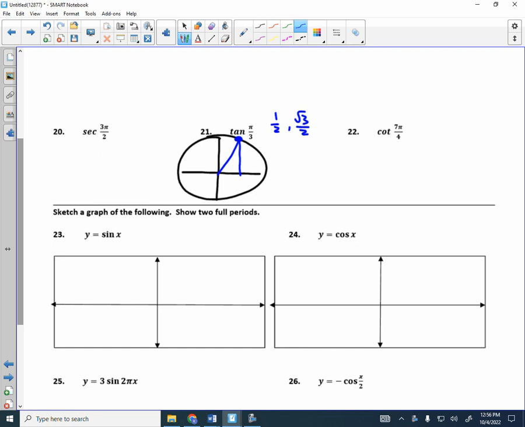And then how do I determine the tangent? Y divided by x. Okay, so root of 3 over 2 divided by 1/2. And so I multiply by 2 over 1, and I get the root of 3.